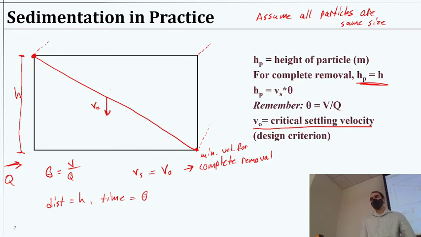So with that in mind, velocity is distance over time, so we can say that Vs, if we get separation or removal, is the h distance traveled over theta time. Okay, and again, that would be our design criterion if that's exactly the case.